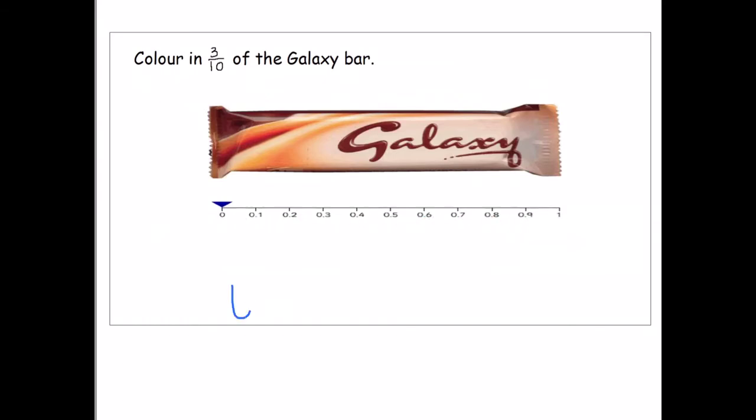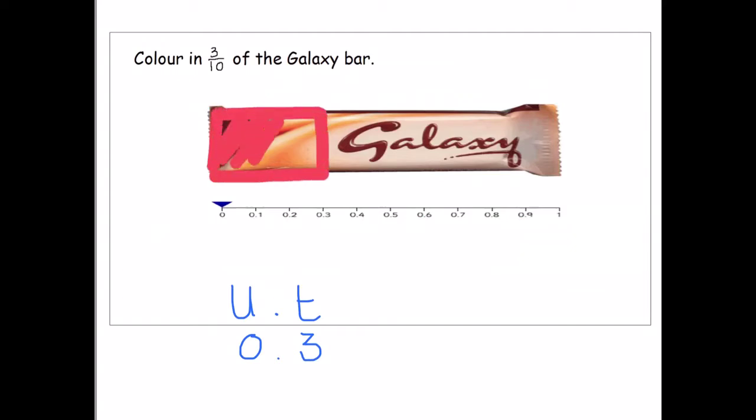Colour 3/10 of the galaxy bar, where we can see that our number line is in decimals. So units, decimal, tenths. They want us to colour in 3/10. So we have 3 in our tenths column. And then we can simply colour in the chocolate bar up to 3/10. And that would be the 3/10, 0.3.